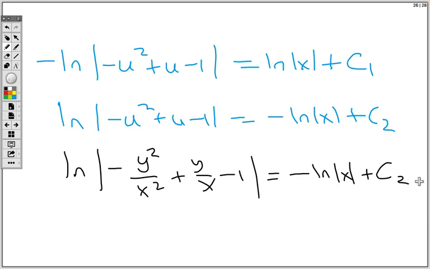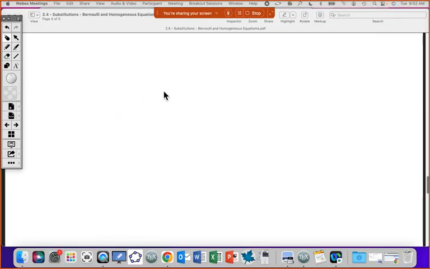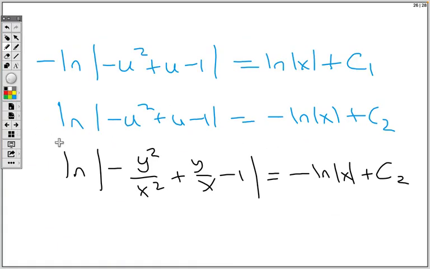And then, did they ask for an explicit or implicit? So at this point, let's see what they asked. An implicit one parameter family of solutions. All right. So now technically we're done.